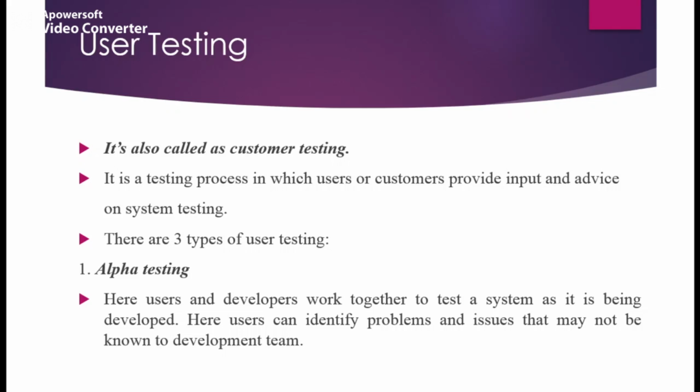So both developers and users will sit together and start testing the system. The advantage here is that even the users will be able to identify problems or issues which the development team may not have recognized during the development stage.